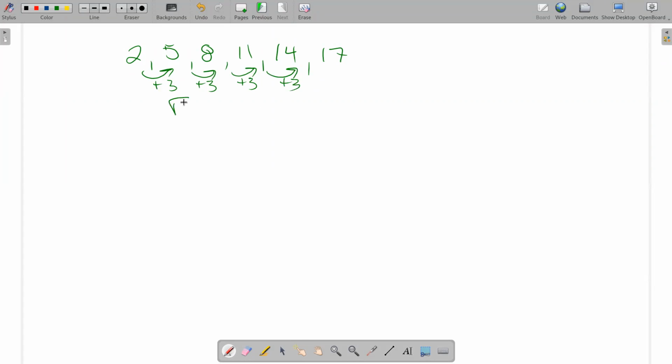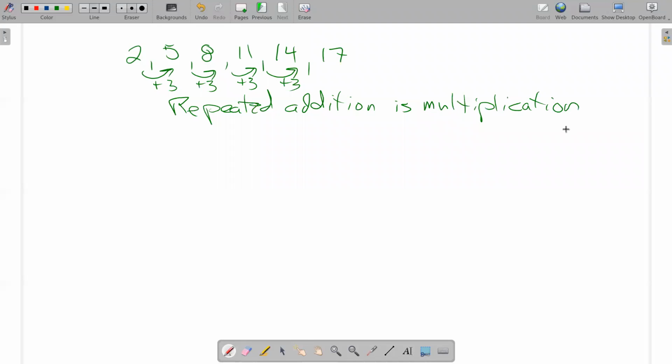And we made the note that repeated addition is multiplication. And so from here, I could say I know my answer, and I was calling these the A values, the A's. That A has to have something to do with 3 times n. And remember, n is my counter.